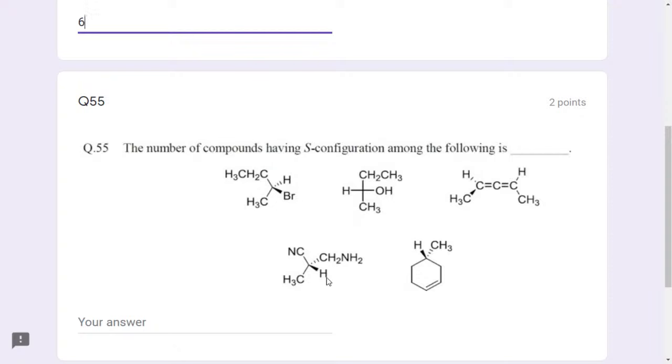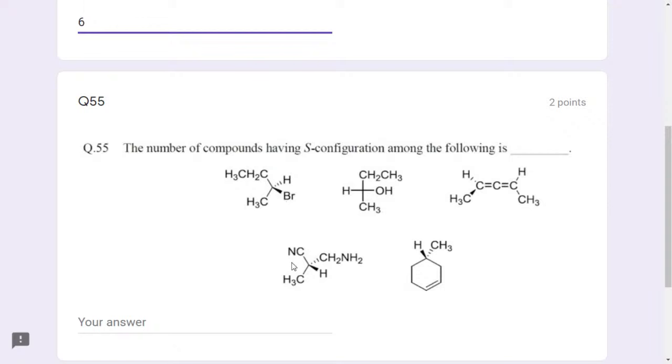Let us see this. It is above the plane. Among these, triple bond gives priority 1, then 2 and 3. So it is showing R, but hydrogen is above the plane. When you bring it back or exchange, it is going to have S configuration.